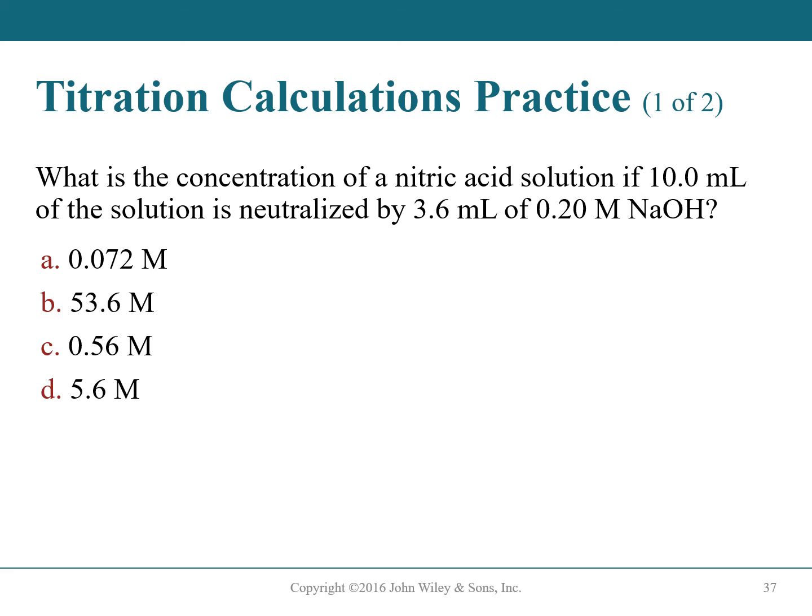All right, so now let's do one more problem. All right, we are doing nitric acid. What does this nitric acid look like? HNO3. All right, now let's go ahead and take a look.